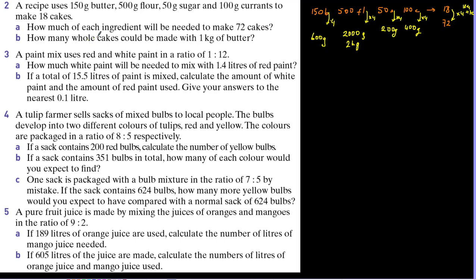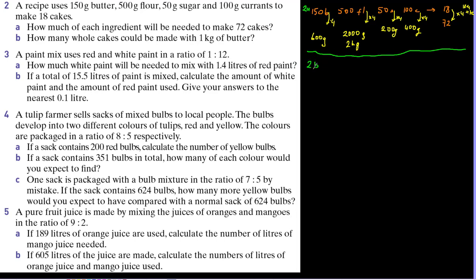And how many whole cakes could be made by 1 kilogram butter? If you remember here, this is 2A, and I'm going to cut from here, and I'm going to solve 2B.